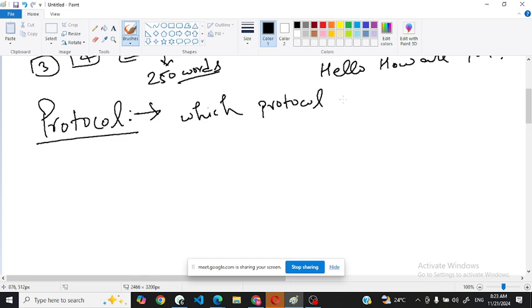No, at layer 3 we use the protocol field to identify which protocol we are using at layer 4, TCP and UDP. Is it clear? Yes, sir.